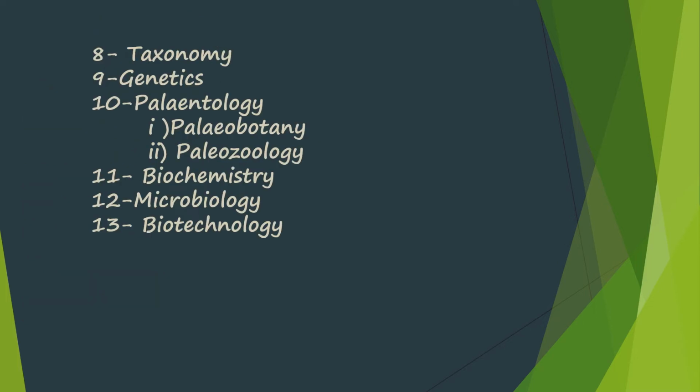Number 8, taxonomy. Taxonomy is the branch of biology which deals with the groups and classifications of different organisms. There are two main groups in the field of biology. One is plants, other is animals.